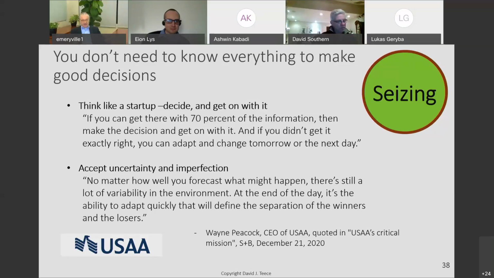There was sensing and sense making, there's seizing and transforming. And today we're continuing to discuss what I called seizing, or you might want to call it execution, but it's really about investing in the right way behind new opportunities.